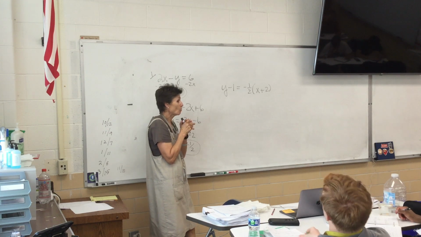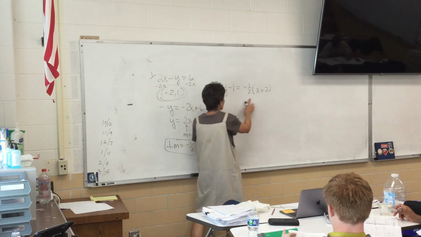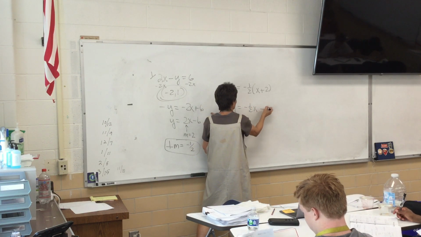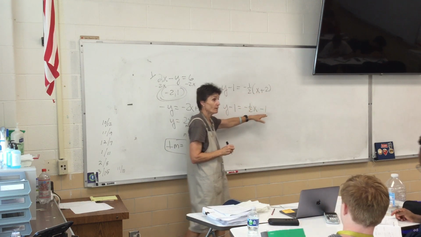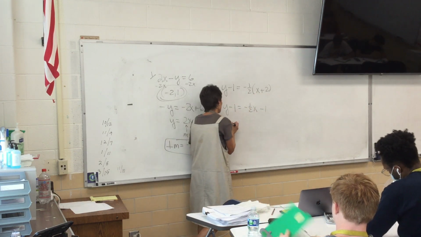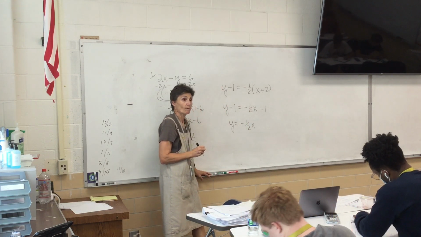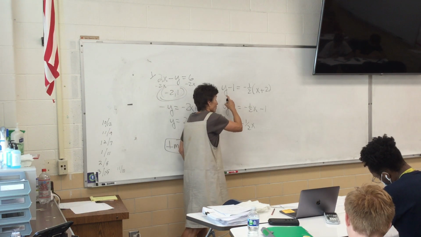If it said slope intercept, we would do what we did before. So you would distribute, y equals negative 1/2 x, and then negative 1/2 times 2 would be negative 1. And then adding 1 to both sides, so y equals negative 1/2 x. This would be the slope intercept form. This is the point slope form.